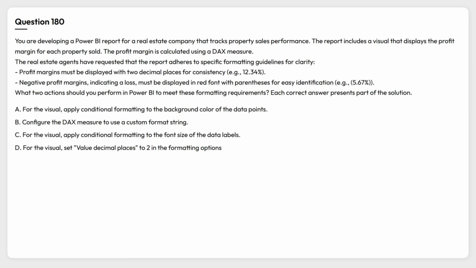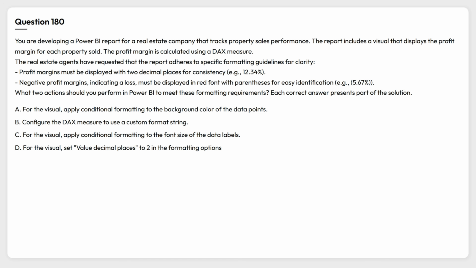Question number 180. You are developing a Power BI report for a real estate company that tracks property sales performance. The report includes a visual that displays the profit margin for each property sold. The profit margin is calculated using a DAX measure. The real estate agents have requested that the report adhere to specific formatting guidelines for clarity.